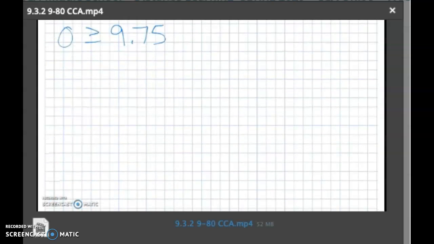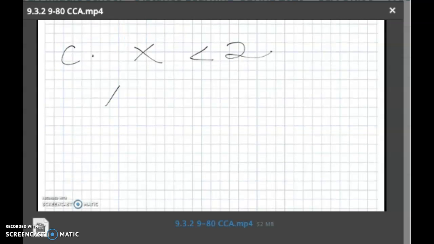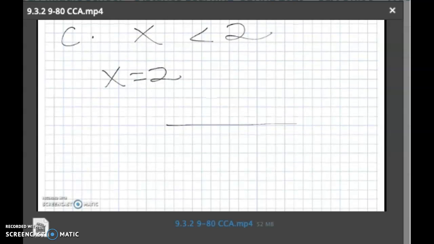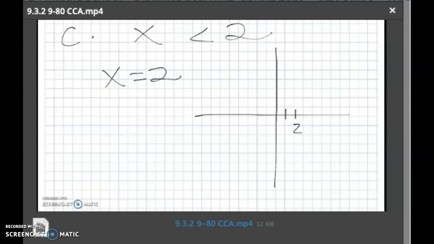Okay. All right, we're going to go ahead and do C. This one will be a lot quicker problem. So we have x is less than 2. So the first thing we want to do is take a look at that boundary line, x equals 2. So on a graph, okay, here is where x equals 2.